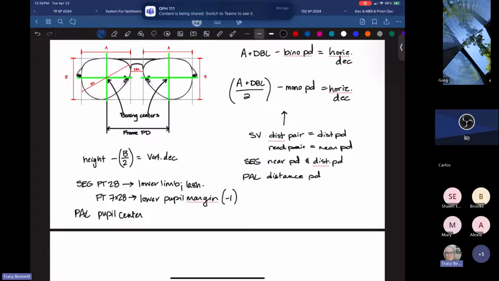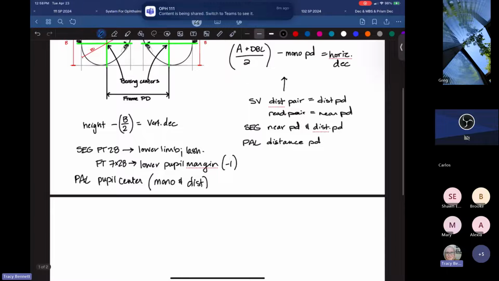What kind of PD do we use for a progressive? Monocular or binocular? Monocular. Distance or near? Distance. Nice. All right. Ditto for single visions, but what about seg?